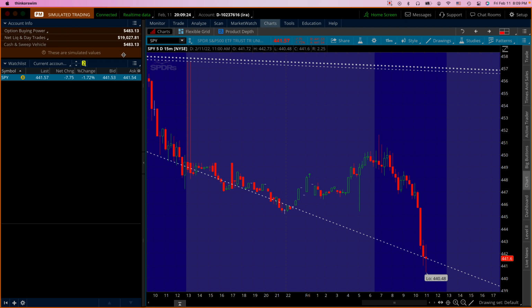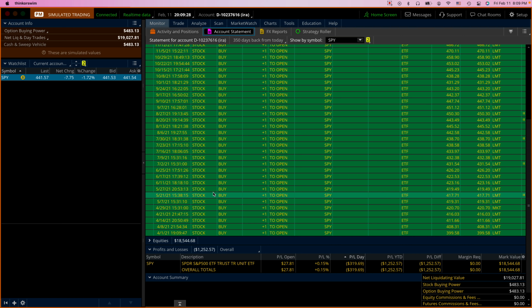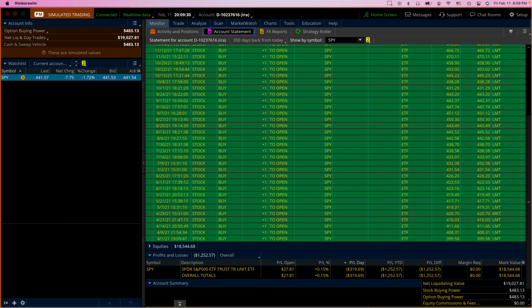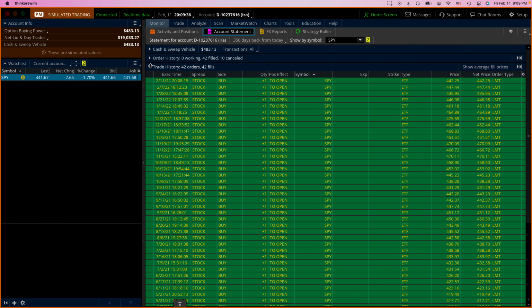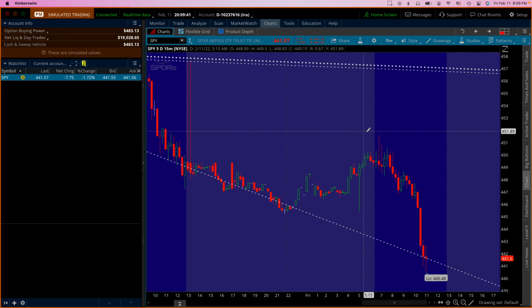Okay, so again, we go to the account statement and look at the P&L since the opening. That's $33. At some point we had something like $1,500, but the markets have been declining, and that's why. Okay, again, we don't care. This kind of trading is for the long term.